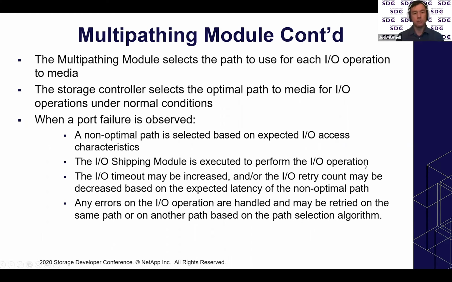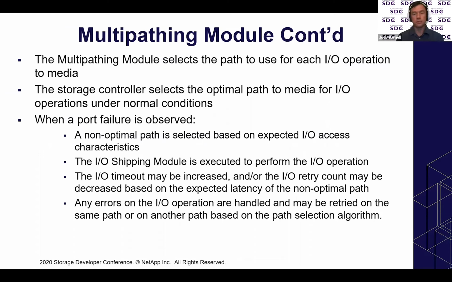The I/O timeout and the I/O retry count, these are things that in a storage product may actually be more fixed or hard-coded, but this asymmetry will require you to rethink that. So if you're going over a much slower route with your I/O, you need to rethink what your I/O timeout should be, because you may breach that timeout when everything is actually optimal, and it's just kind of backing up because it's a longer latency.